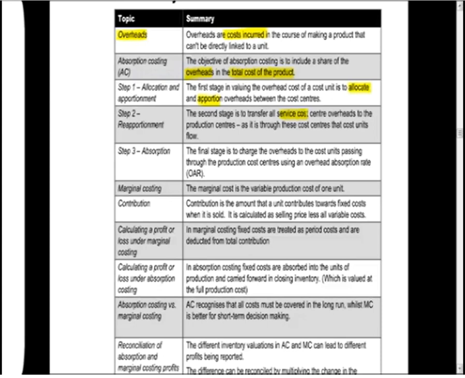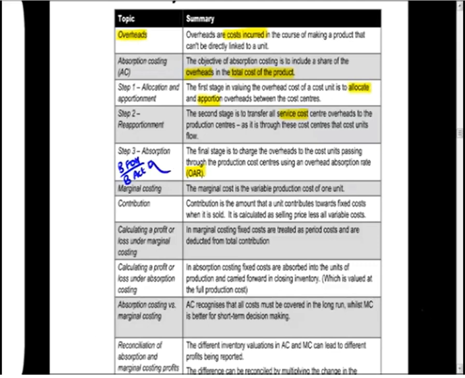And we saw that there were 3 methods for doing this: the direct method, the step-down method, and the repeated distribution, which can either be done using repeated calculations or algebraic methods, both of which make the reciprocal method. Final step then is absorption, so to work out the overhead absorption rate. So the budgeted fixed overheads divided by the budgeted level of activity.